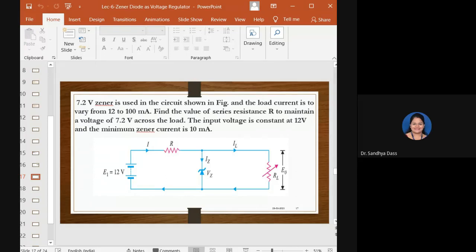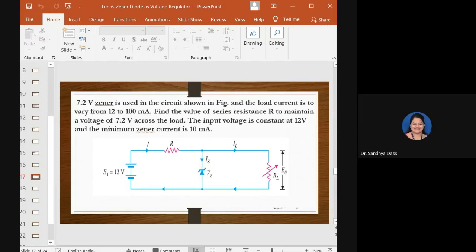The range of load current is given. What else? Ma'am, the V output is given, 7.2 volts.